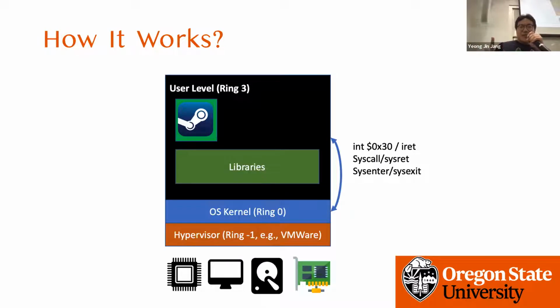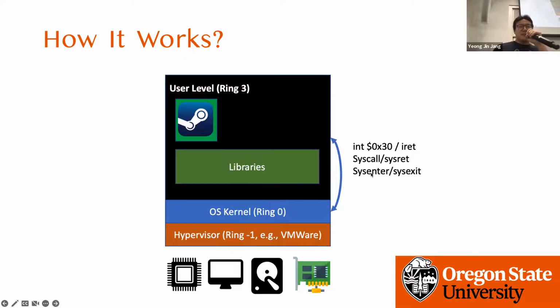And then to introduce what kind of instructions there are. We learned that for switching from ring 3 to ring 0, we can issue a software interrupt, or we can use syscall and sysret for 64-bit, and then sysenter and sysexit for 32-bit.